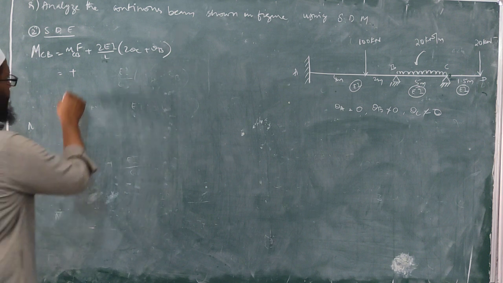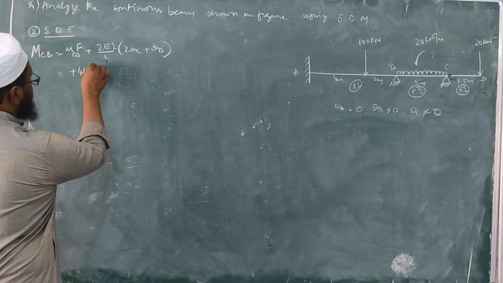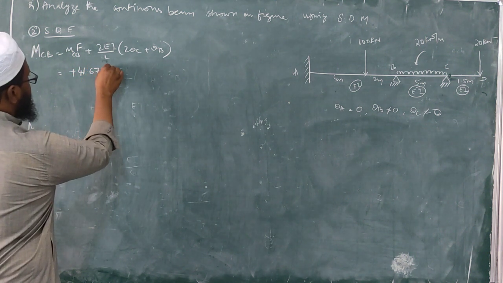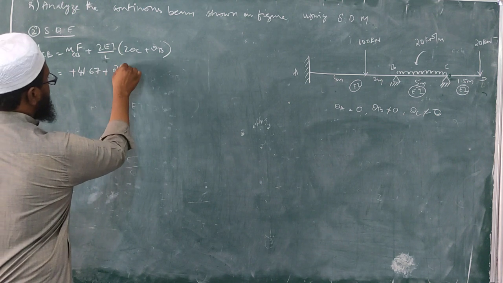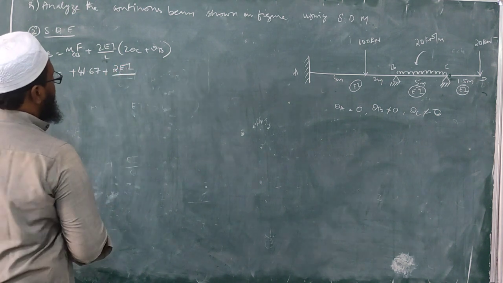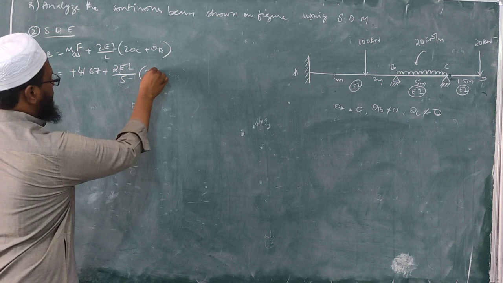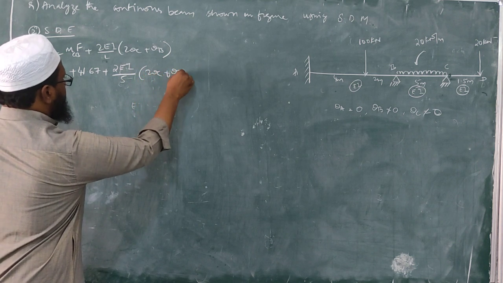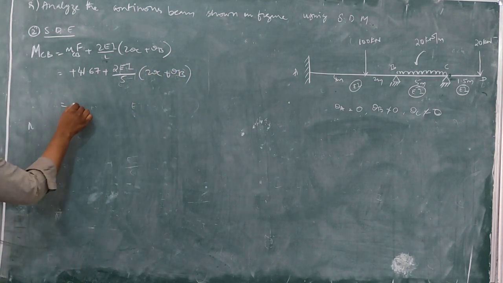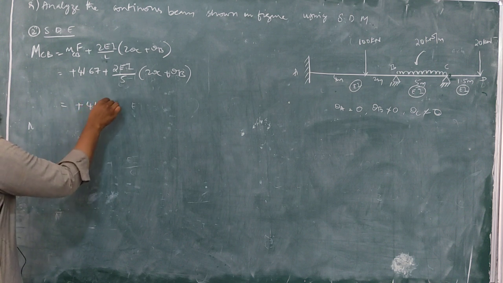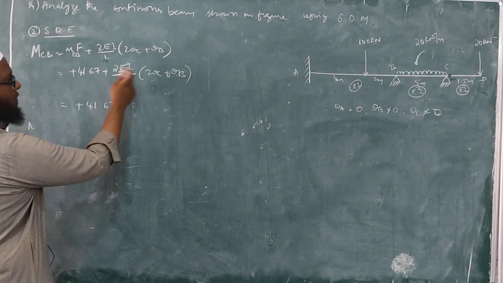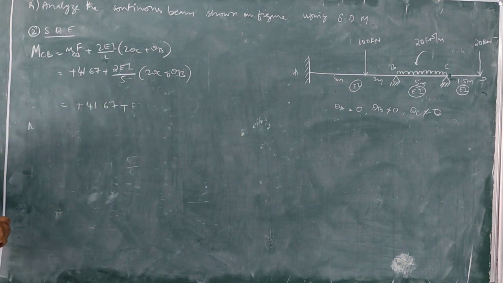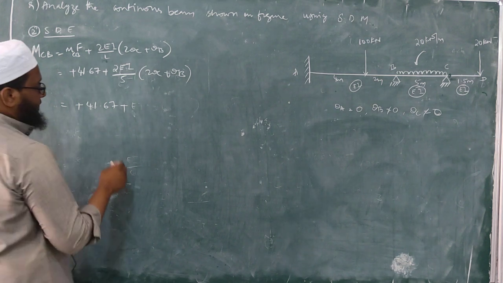Plus 41.67 plus 2EI by L is 5 into 2 theta C plus theta B. So what happens here? Plus 41.67 plus, 2 2s are 4 by 5 is how much? 0.8.